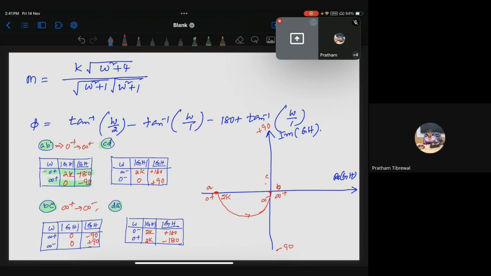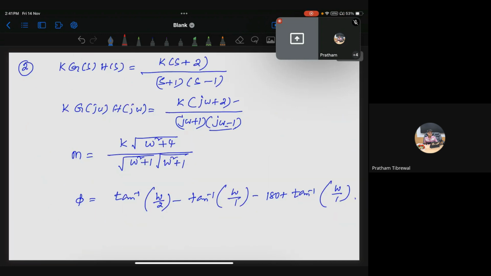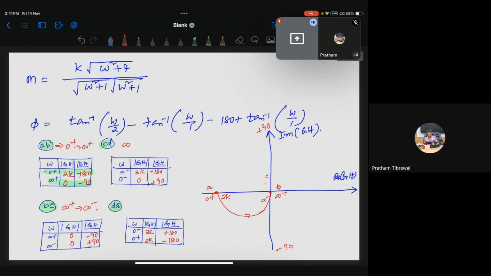Okay, next CD. CD is what? CD is infinity minus to 0 minus. Okay, so that is again the same thing. So it starts at this point. No, this one. Okay, oh, it's the reverse way.